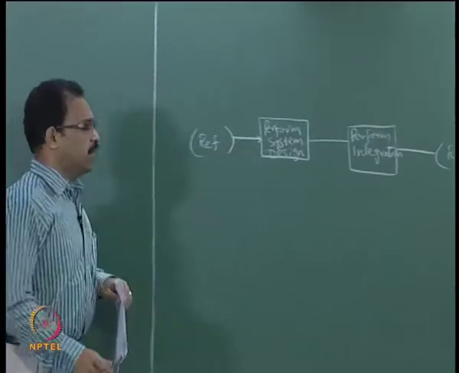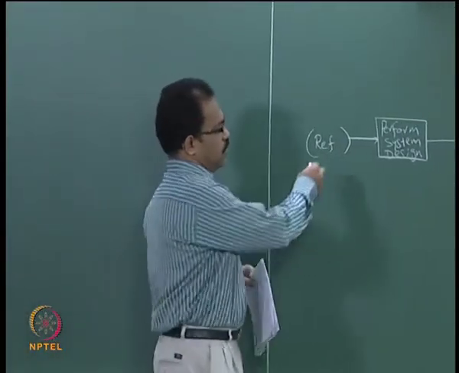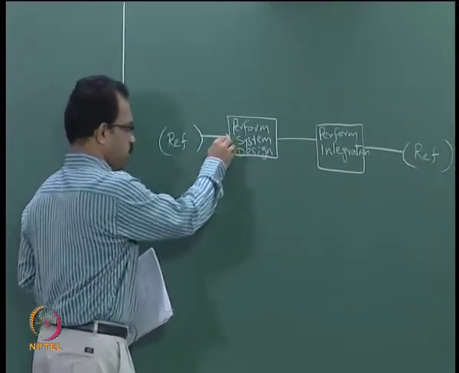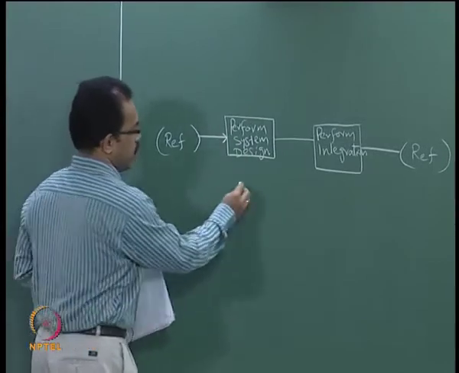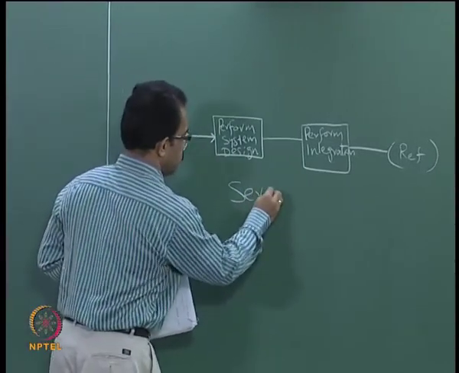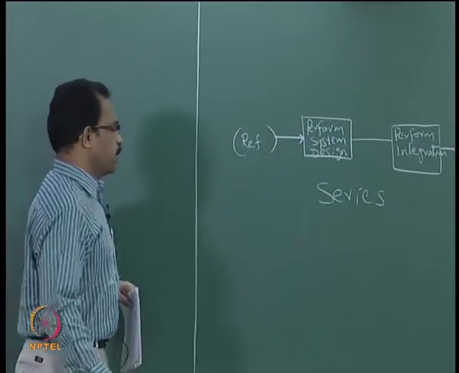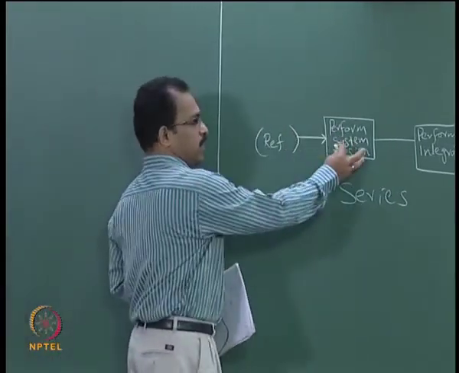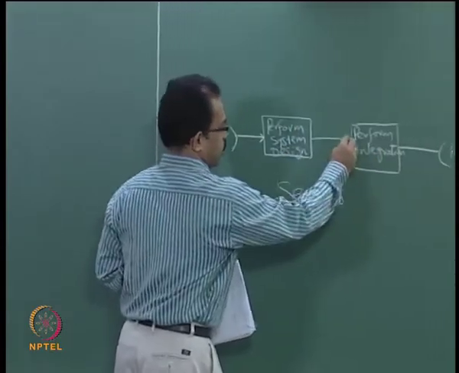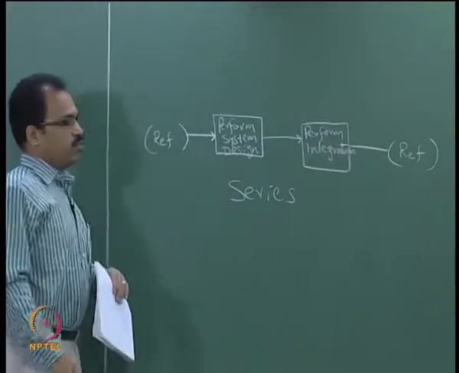Again it appears to be a very simple case, because we are saying something very obvious, but this is how we show the series execution of functions in the function flow block diagram. We complete this function and then go to the next function.